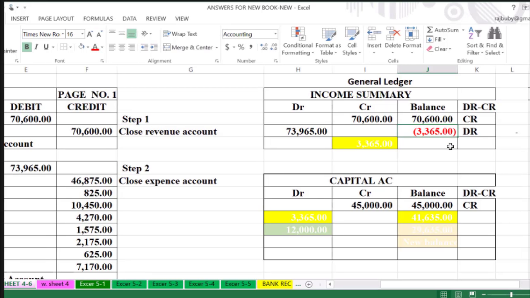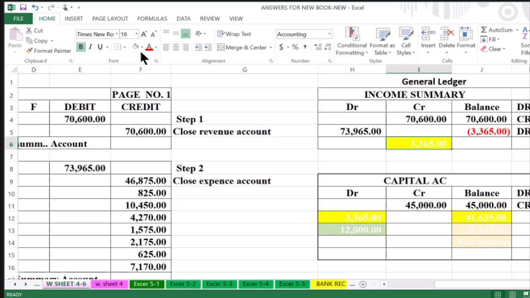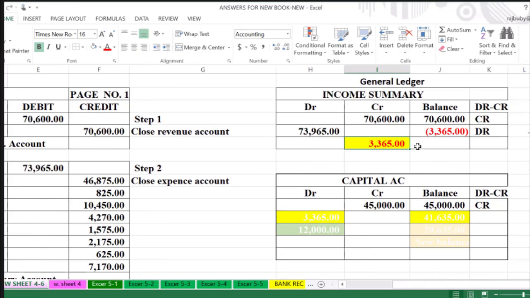If you want to close it, you are going to put it on the credit side. Then this minus this plus this is 0, right? If you put it on the credit side, somewhere else you have to put it on the debit side, that is the capital, because a loss always decreases the capital, right?